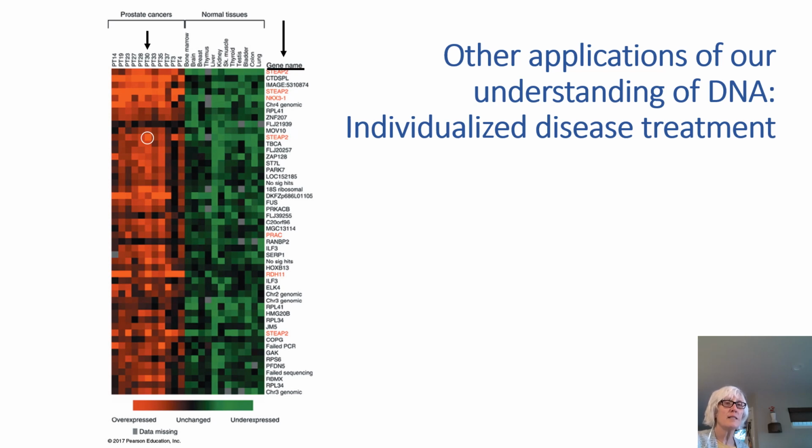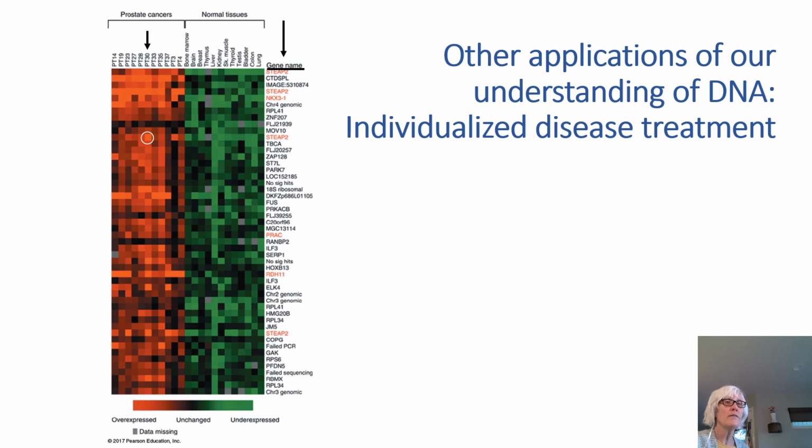If we gave that same drug to one of the other prostate cancer patients, it wouldn't be expected to have as much of an effect because those patients' prostate cancers are not expressing this gene as highly.